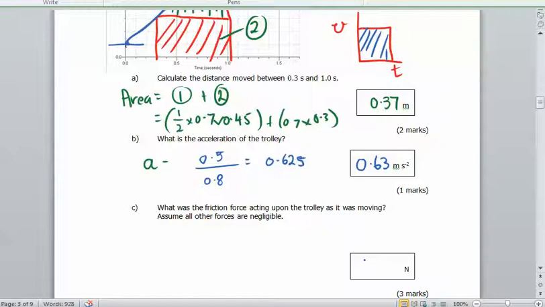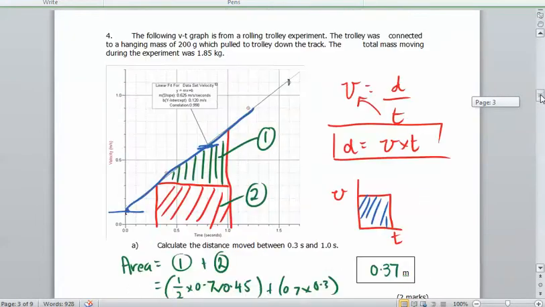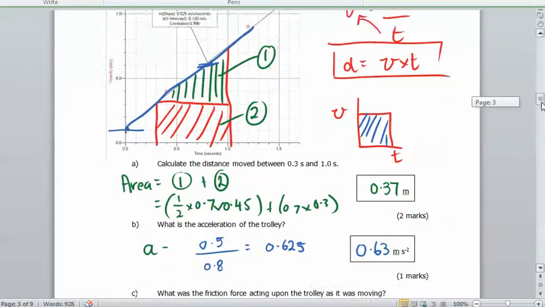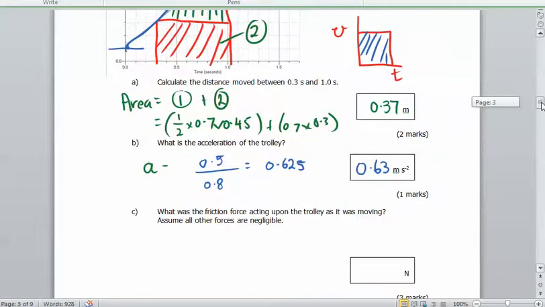Jason, what can you say about the friction force then? This is a tricky one too. Well, we want to know the friction force. So let's think about this. The acceleration of the trolley is 0.63.